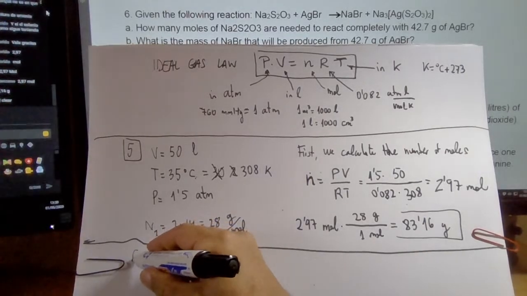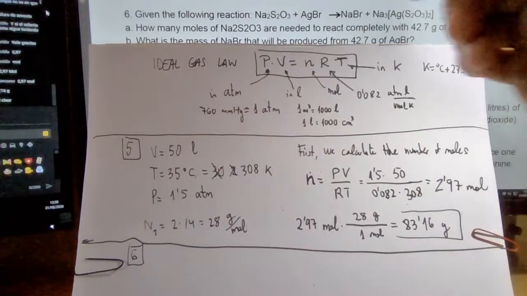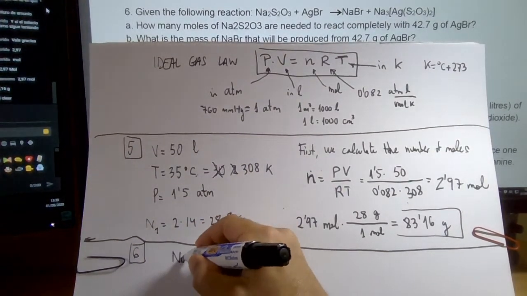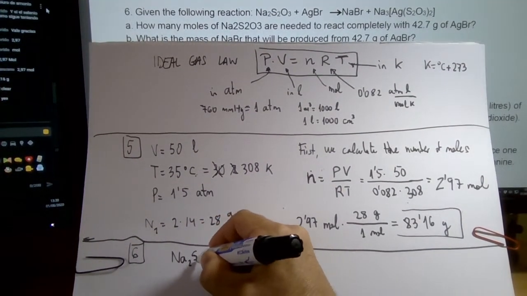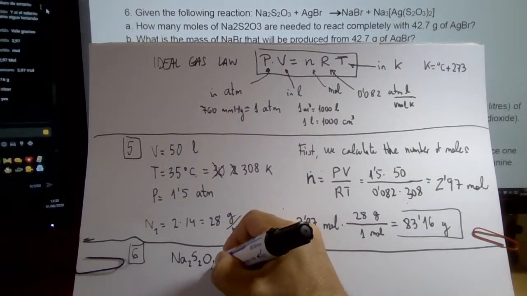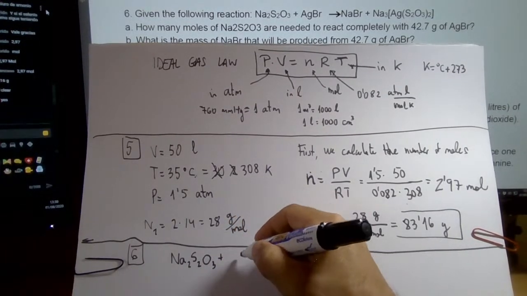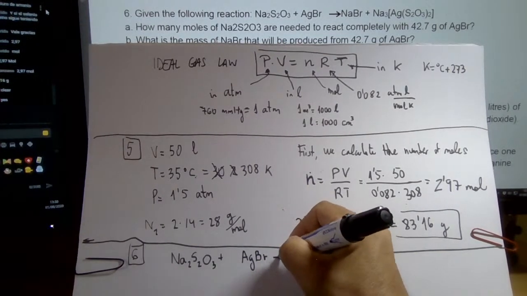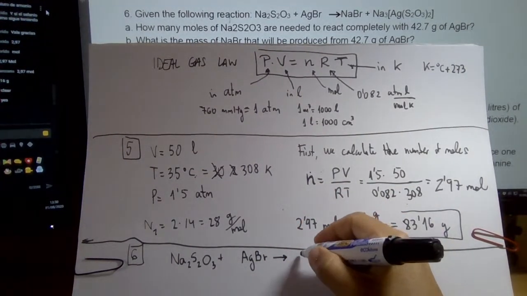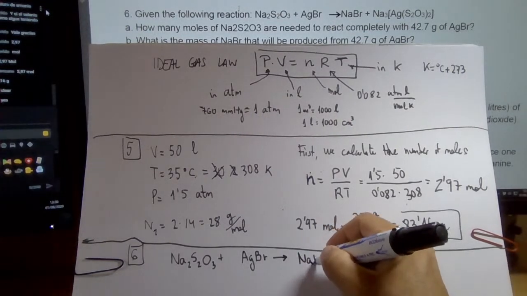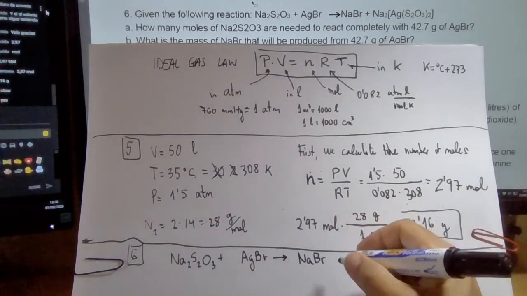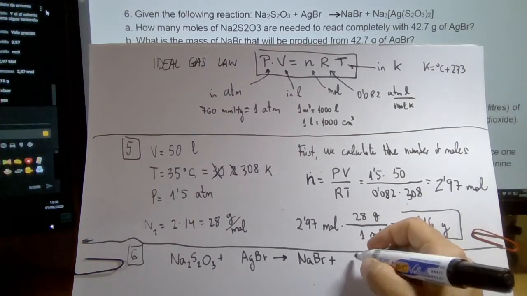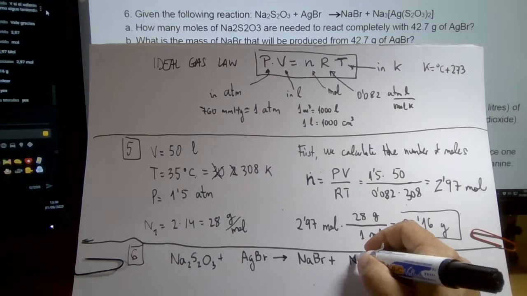Now we know the chemical reaction: Na2S2O3 plus silver bromide to obtain sodium bromide. What type of reaction is this? This is a displacement reaction.